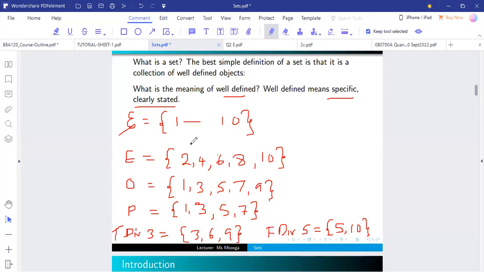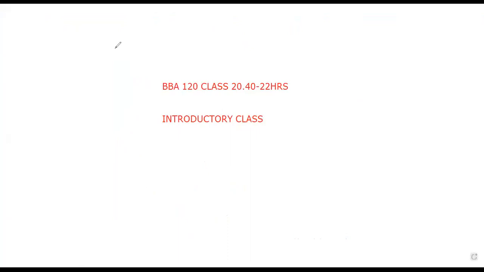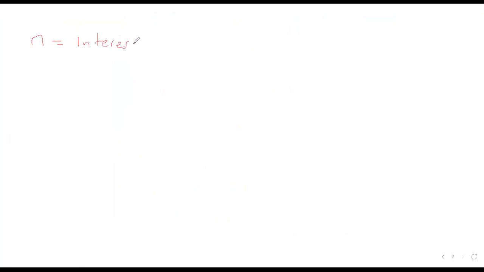So I want us now to come up with a few notations here. We'll be asked, for instance, to find the set with the following signs. This sign means intersection. Intersection means what is common between the two.